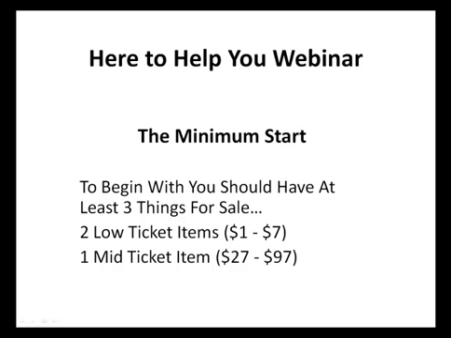It's not hard to find three different items that you could put up for sale online. Send a little bit of traffic to them, see if you can make some sales, and once you've determined you have three that are going to make sales, add those into the very basic beginning of your sales funnel.